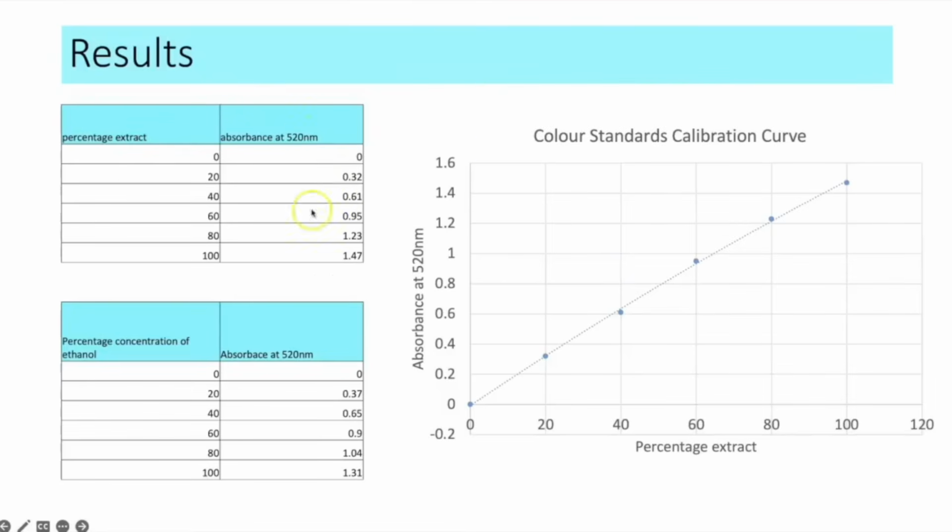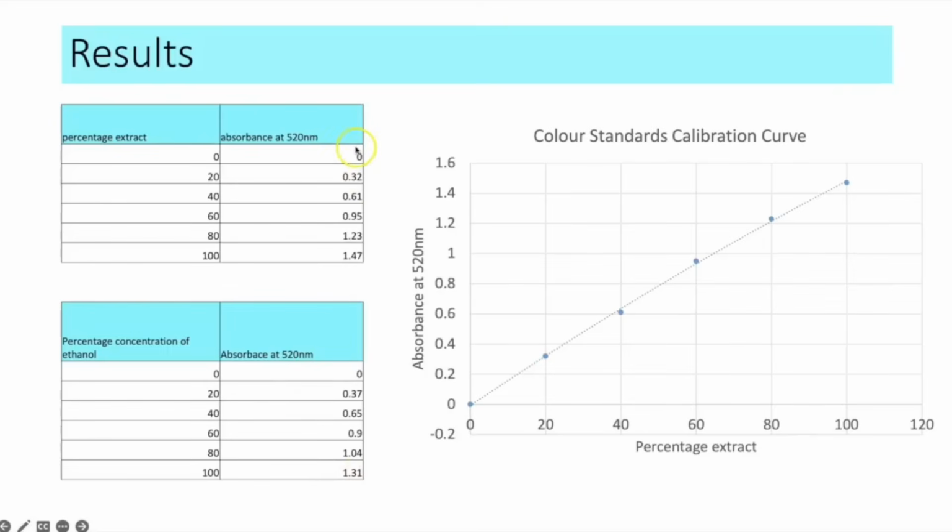So here were our original results and the first calibration curve. Now what we've got is my set of results after I've done the experiment, and I've placed the solutions that came from the beetroot in those different concentrations of ethanol, and the results for the absorbance after it has gone into the colorimeter.